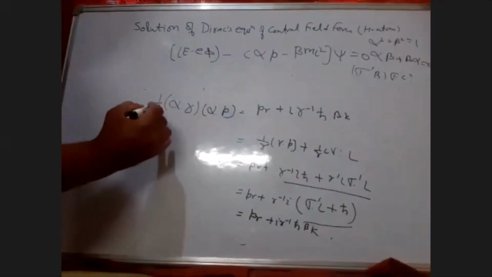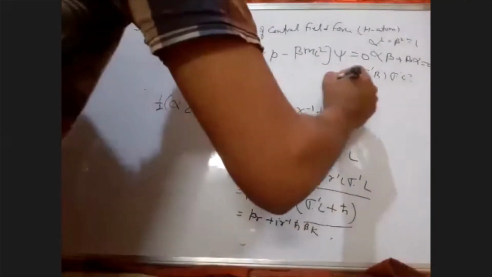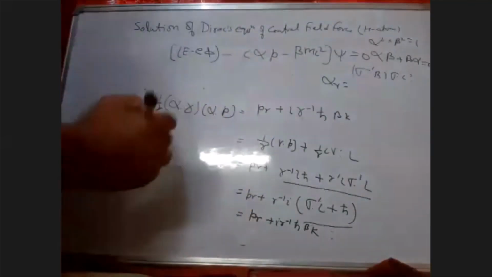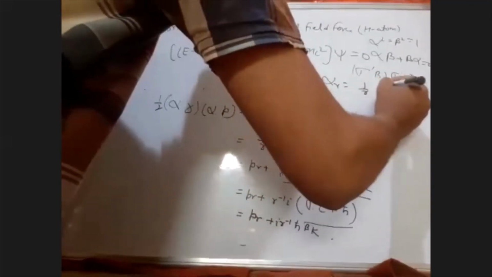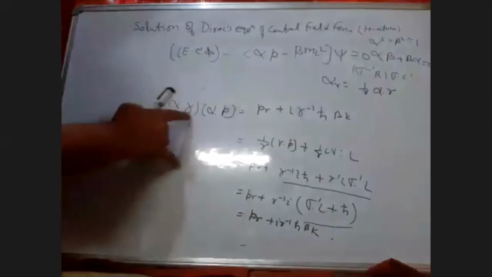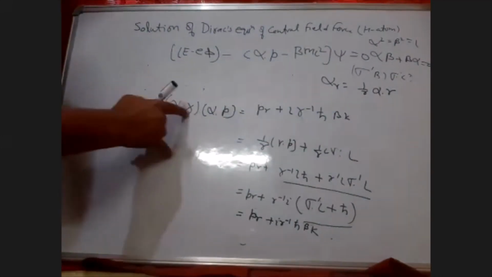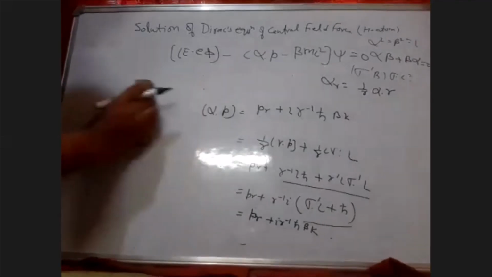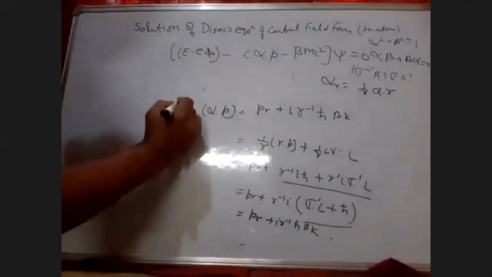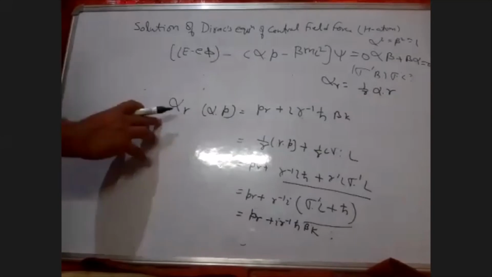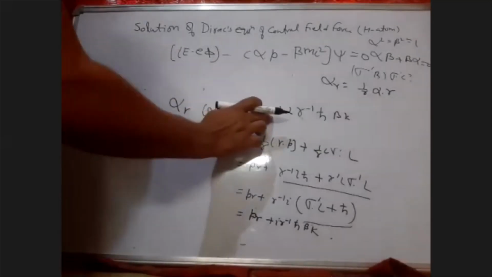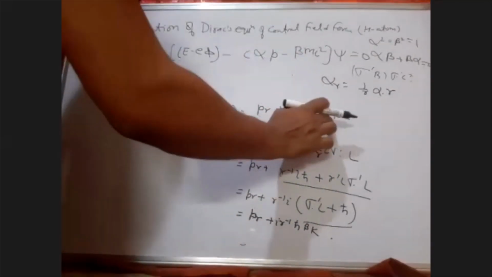Now, alpha r, the radial velocity operator, is equal to 1 by r alpha dot r. So we can replace alpha dot r by r alpha r, the radial operator. So alpha dot p equals pr plus i r inverse h cross beta k.